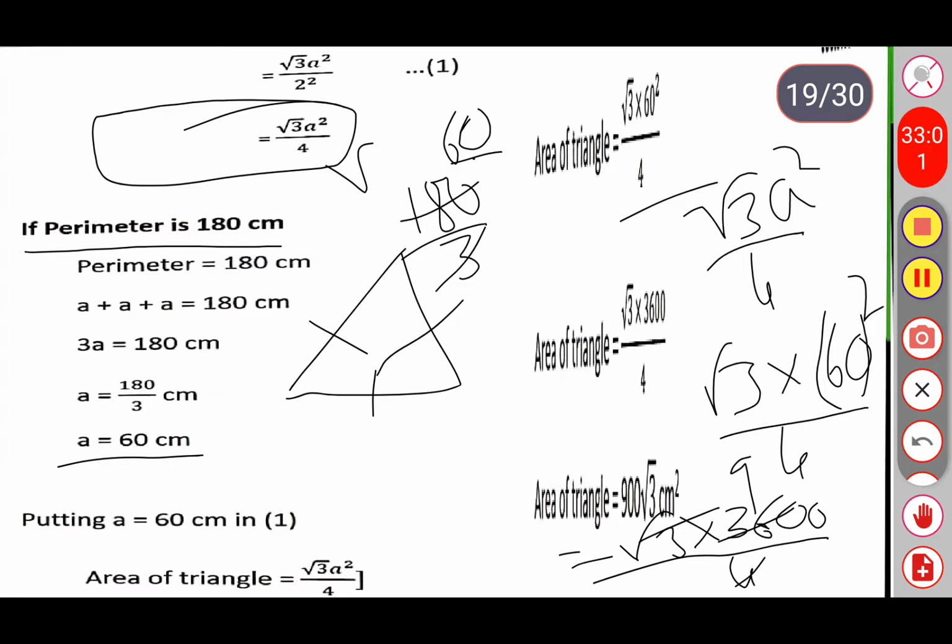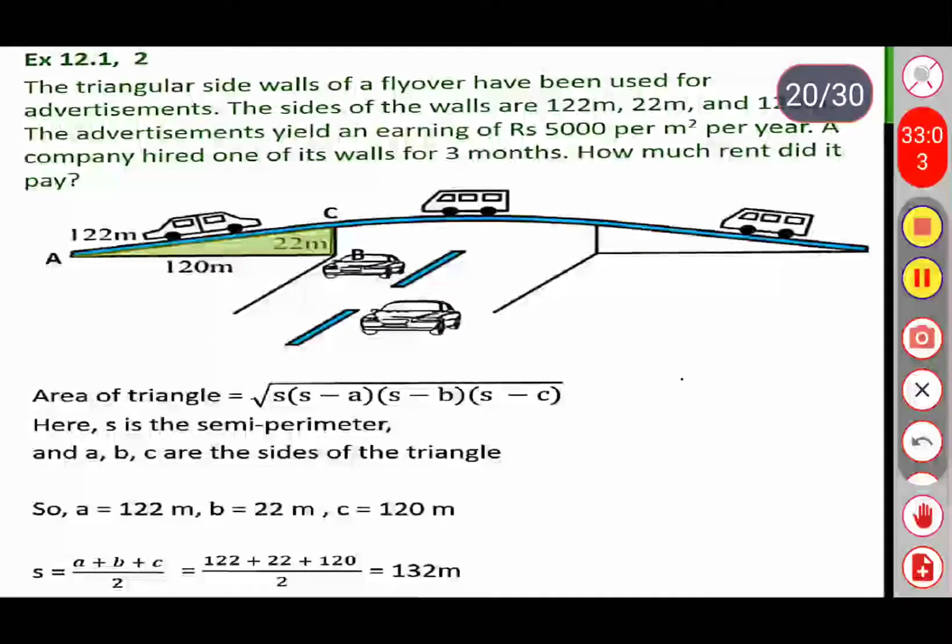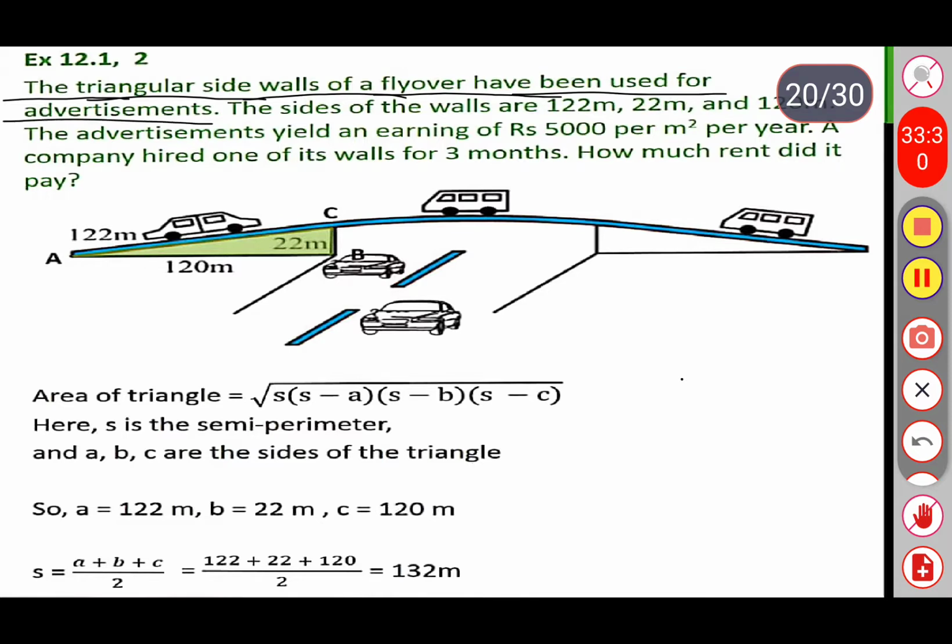Now see the second question of the same exercise. First read the question. See the second question. The triangular side wall of a flyover has been used for advertisement. The sides of the wall are 122 meter, 22 meter and 120 meter.